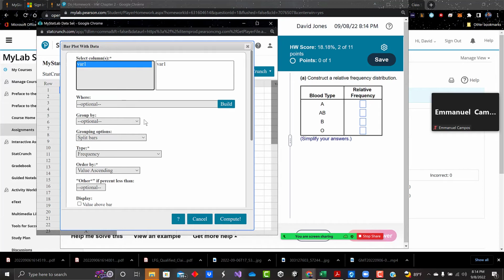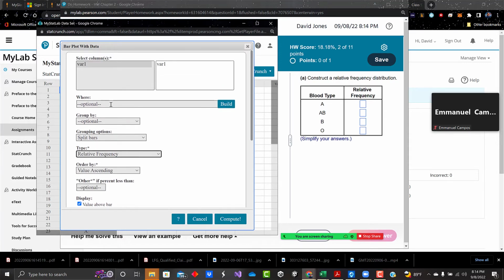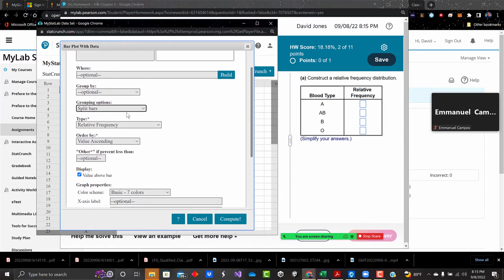We're going to click the variable and we'll do value above bar, and I want to change type to relative frequency. Generally, anything that says build you want to avoid. Build is bad. It's confusing even for me. The grouping thing, you can do it, but grouping is not necessary. For most things you don't want to group, you may want to set the type.